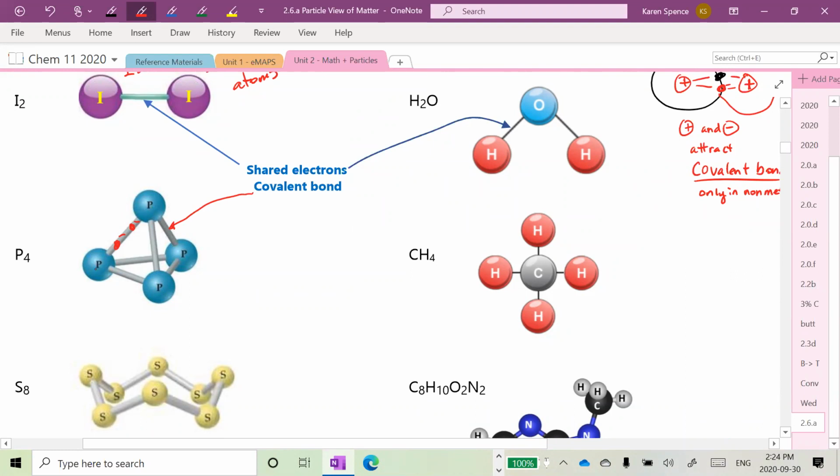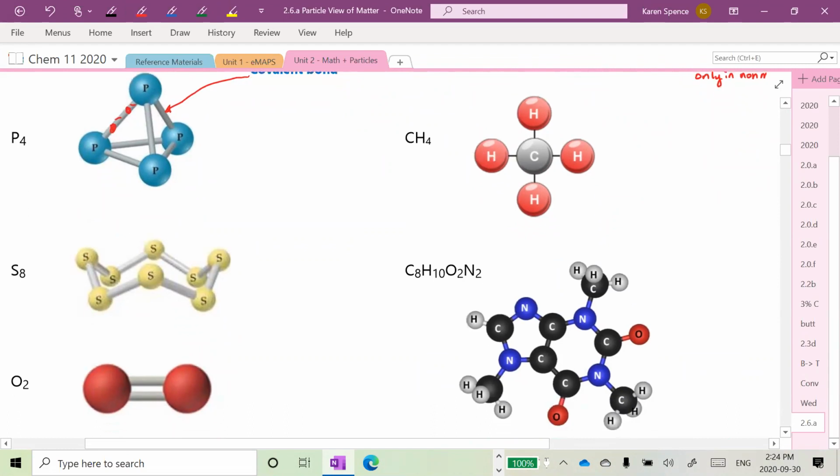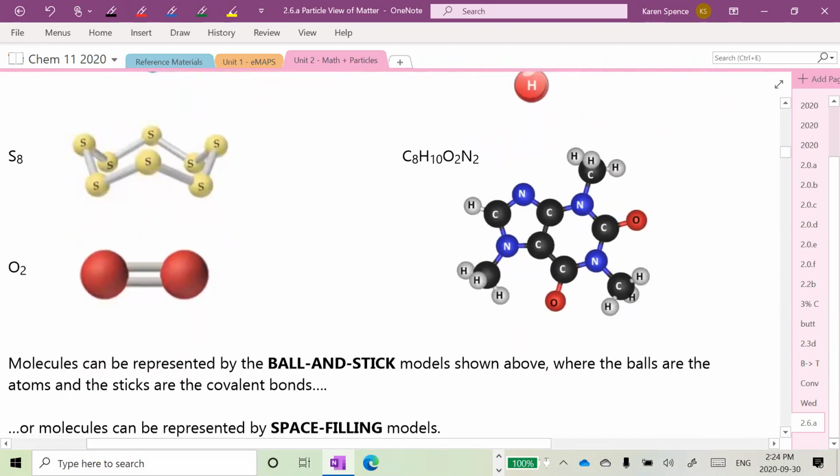So those sticks in between the atoms represent the covalent bonds. We have sulfur. They're all sulfur, but they're bonded together covalently. And finally, down at the bottom, we have oxygen and oxygen. And you'll notice that this one actually has 2 covalent bonds.